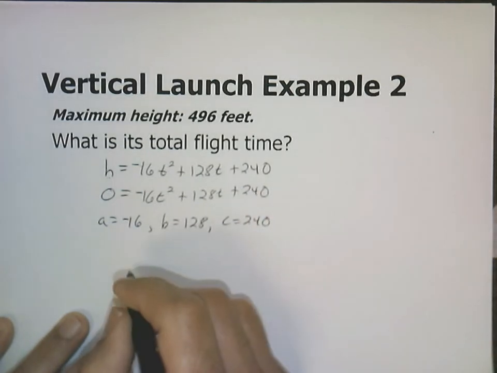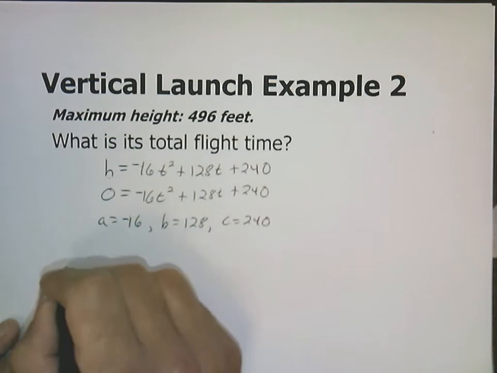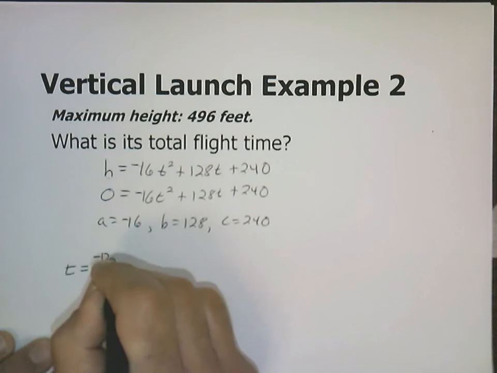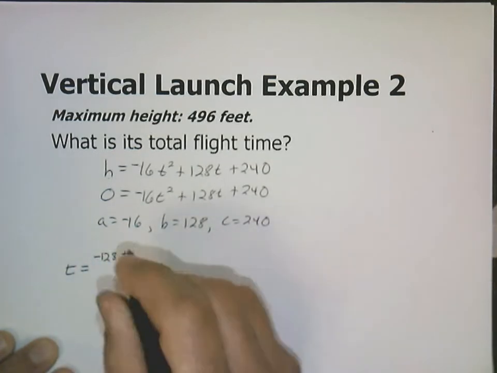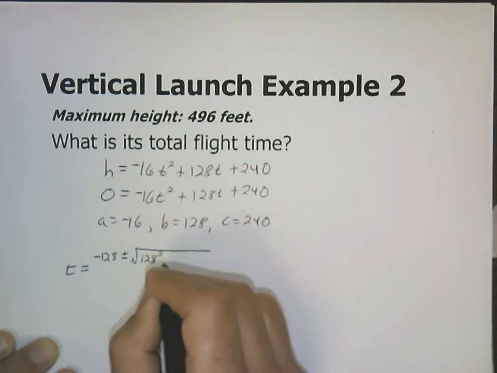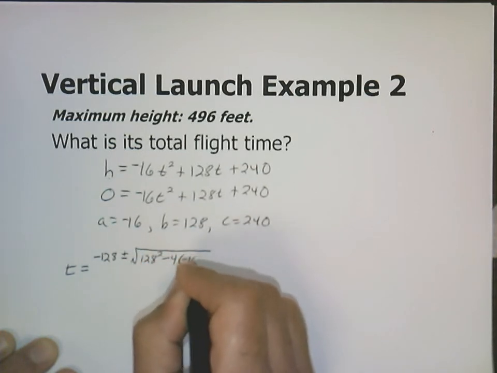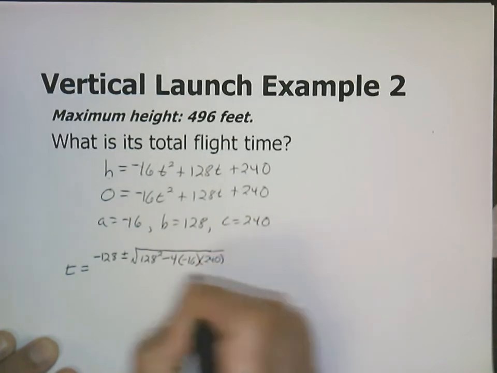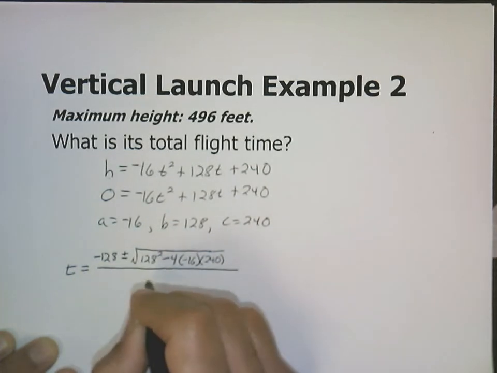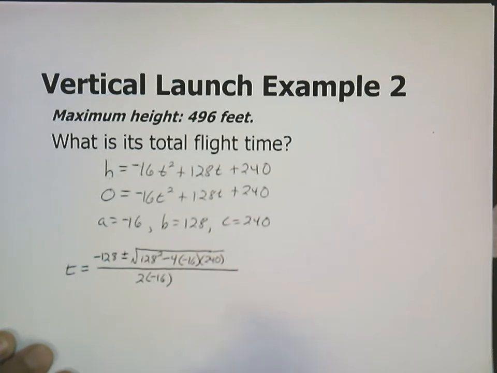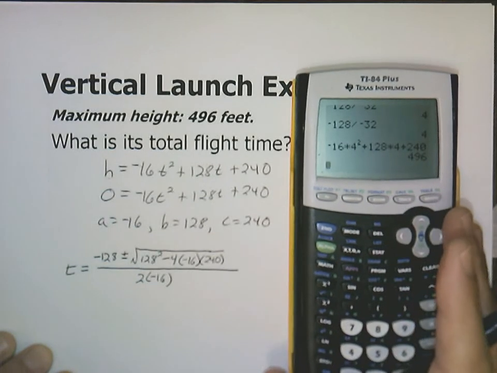So all we got to do is use the quadratic formula, which tells us that t equals negative b plus or minus the square root of b squared minus 4 times a, which is negative 16, times c, which is 240. All of that divided by 2 times a, which is negative 16. And so what we can do now is just punch this all into the calculator.